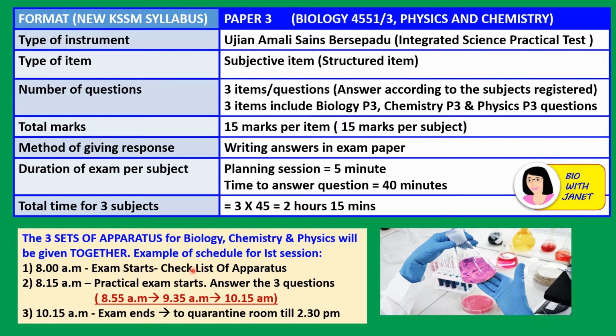Now, then you're asked to check the list of apparatus given for the 3 subjects. So since 5 minutes is for checking and planning per subject, that means you have 15 minutes, 3 times 5, 15 minutes to check your apparatus and to plan your experiments for the 3 subjects. After that, at 8:15, then only you start the practical exam.